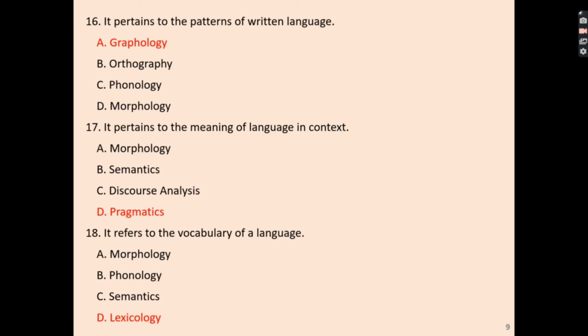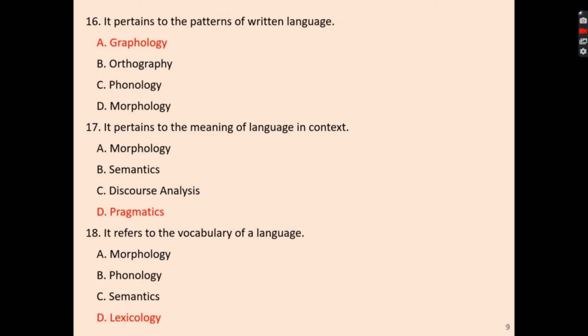Next, 16, it pertains to the patterns of written language. So when we say patterns of written language, we are going to take a look at graphology. 17, it pertains to the meaning of language in context. Now, if we see meaning of language in context, then that is pragmatics. 18, it refers to the vocabulary of a language.